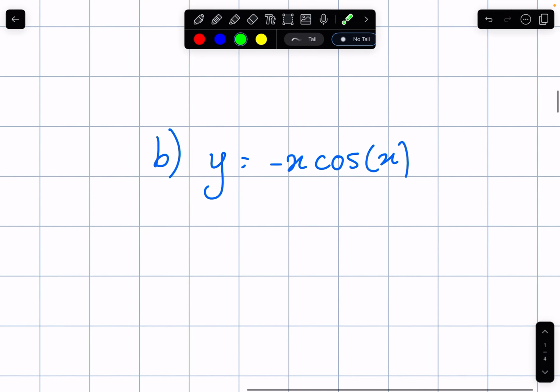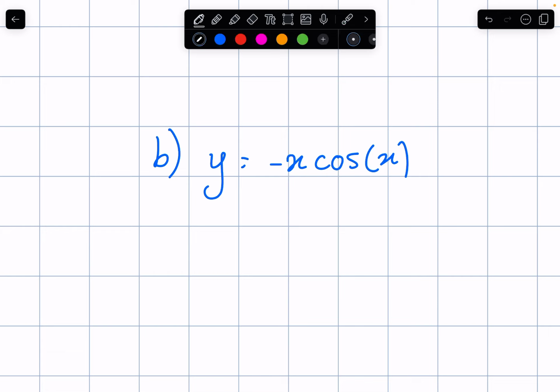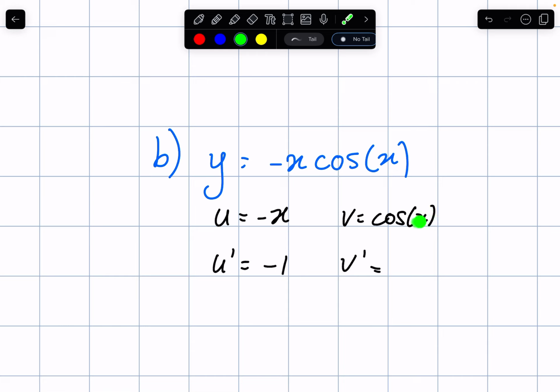So derivative of the inside, change the trig function to the one that's necessary, and rewrite the inside. So let's have a look at part B. Now part B, we can see we've got 2 functions of x multiplied together. So that means we're going to have to use the product rule. So let's identify u, which is negative x, v, which is cos x. We all know u dash goes to negative 1, and v dash, because cos of x is just x on the inside, we can just replace it with negative sine of x.